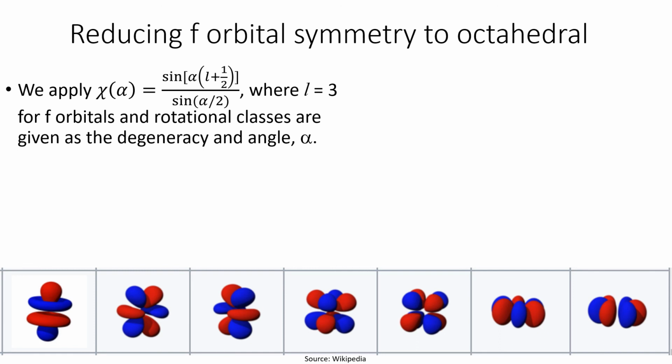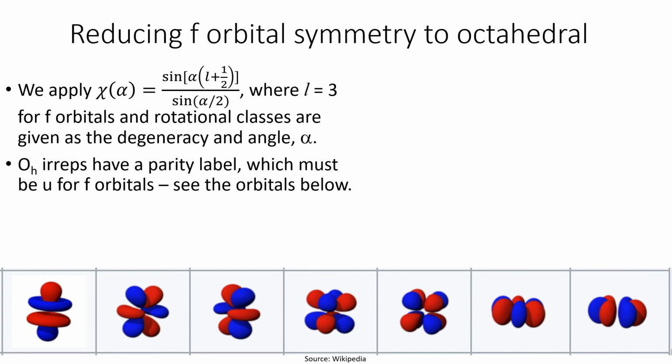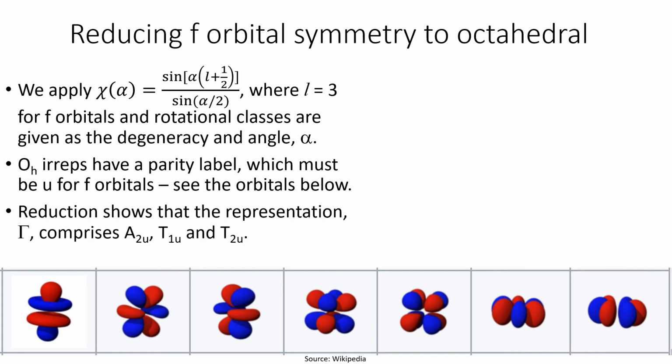Because we're reducing to the same symmetry, octahedral, the angles are all going to be the same. We have the same problem with the identity, but because it's a 7 by 7 matrix, we just have 7 as the character for that. We can work this through in exactly the same way, and then you get a representation which ultimately reduces to A2U plus T1U plus T2U.